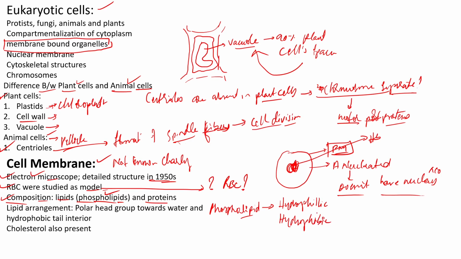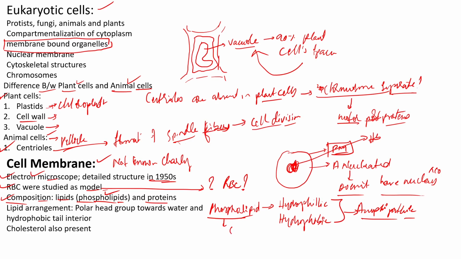Any molecule that has both hydrophilic and hydrophobic properties is called amphipathic. It is called what? Amphipathic. And interestingly, the lipids in the cell membrane, the phospholipids, are amphipathic in nature. Now let us look into the structure of the phospholipid.